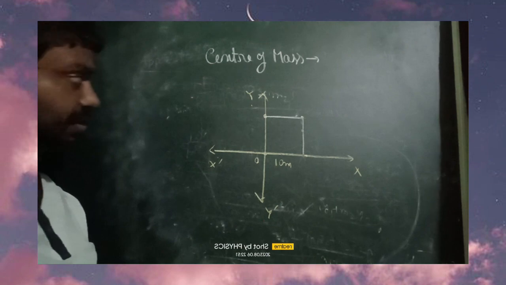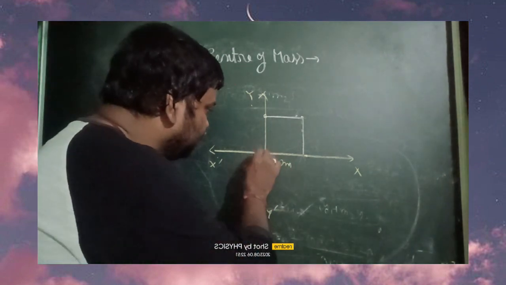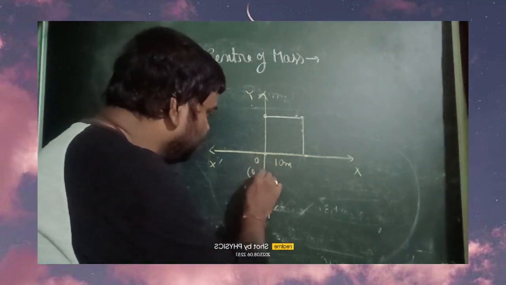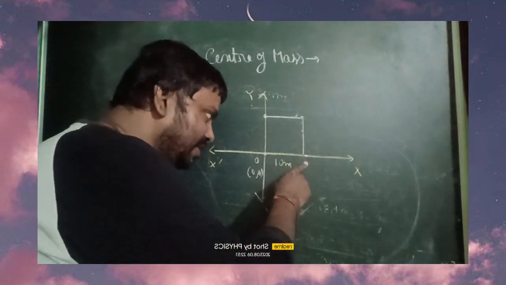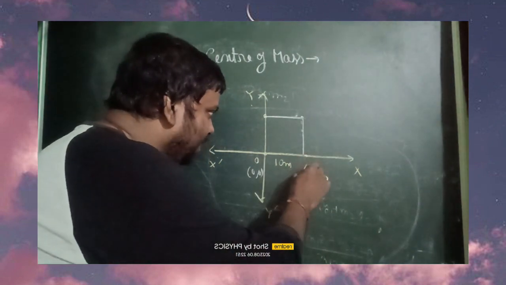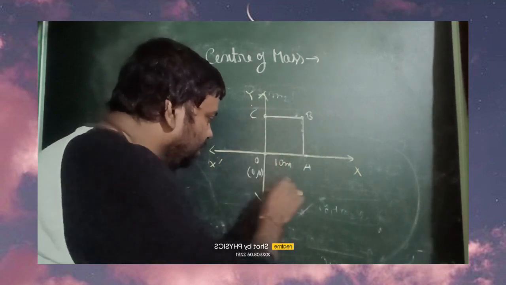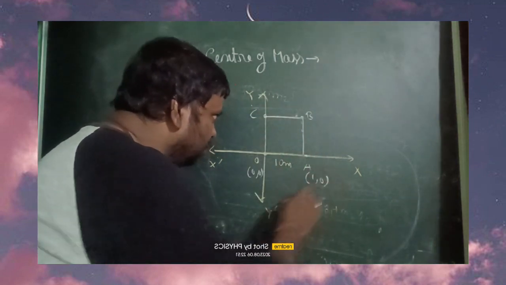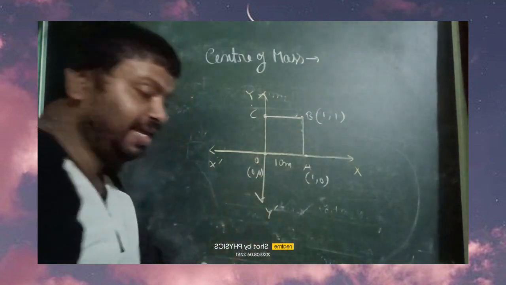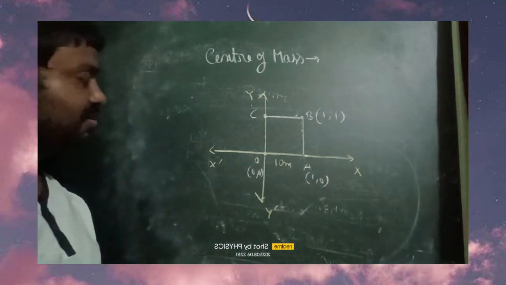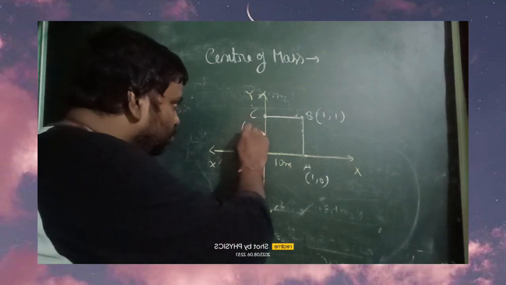How to find it? If this is the origin, the coordinate is 0, 0. Now for the next one, along the x-axis, O, A, B, C, point A is 1, 0, point B is 1, 1, and point C is lying on the y-axis, so its coordinate is 0, 1.